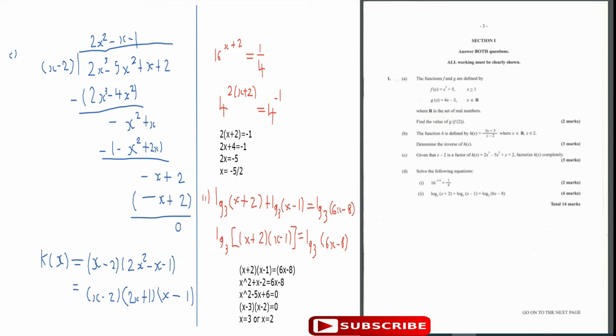Put the 3 here, see if we get the same. 3 plus 2 is 5, 3 minus 1 is actually 2. So both of them will be log to base 3 of 10, which is true. And you can check it for 2 as well. So nice and easy. That takes care of question 1.